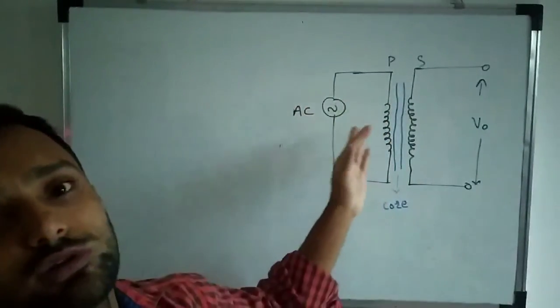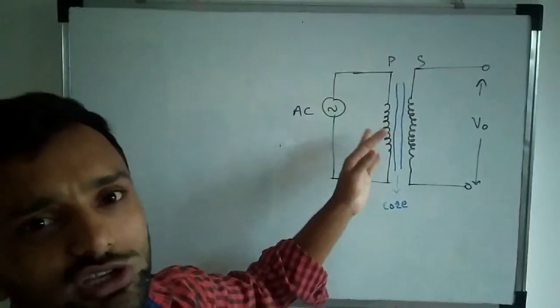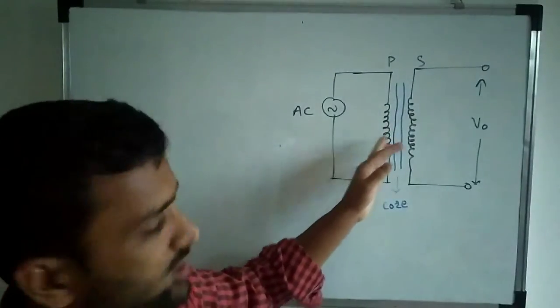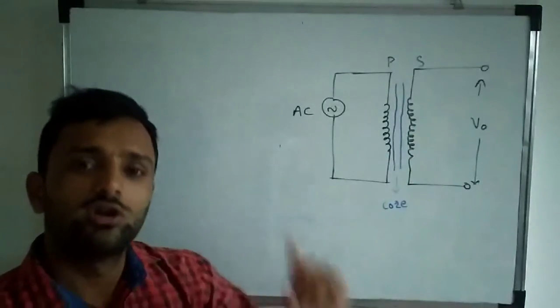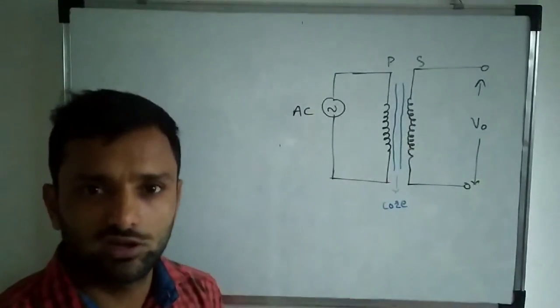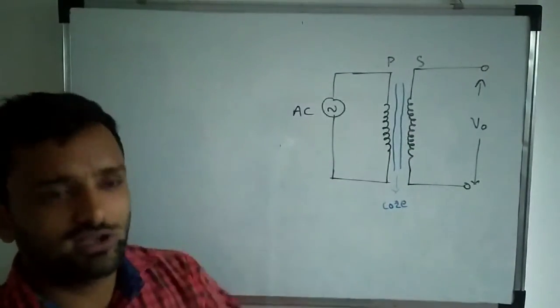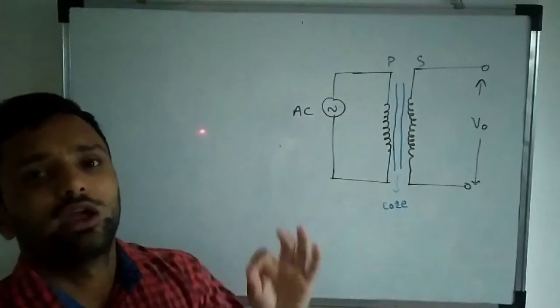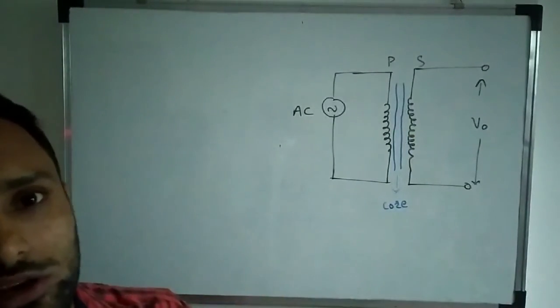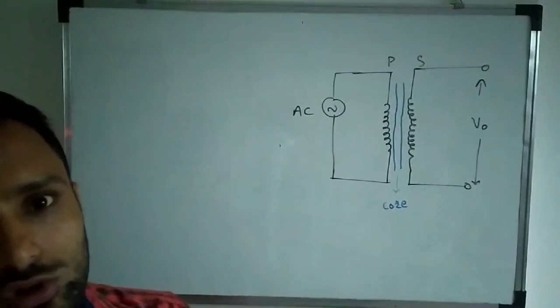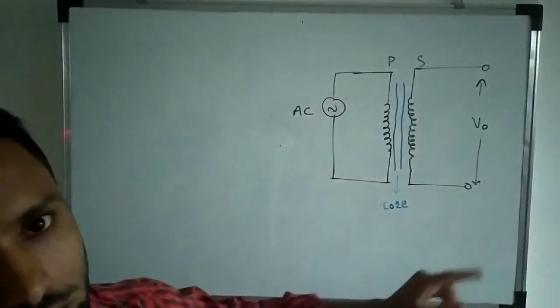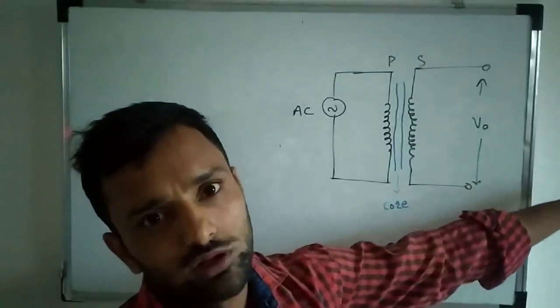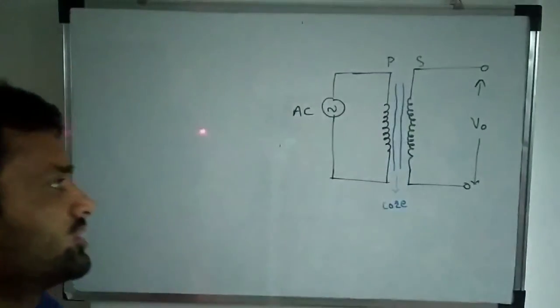Due to the change in current in the primary coil, the magnetic flux across the secondary coil also changes. According to electromagnetic induction, an induced EMF is set up in the secondary coil, and that can be given out as the output voltage.